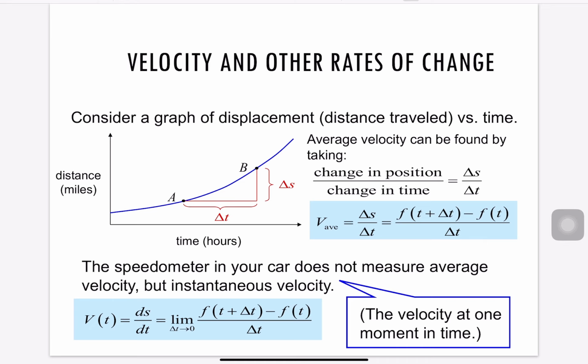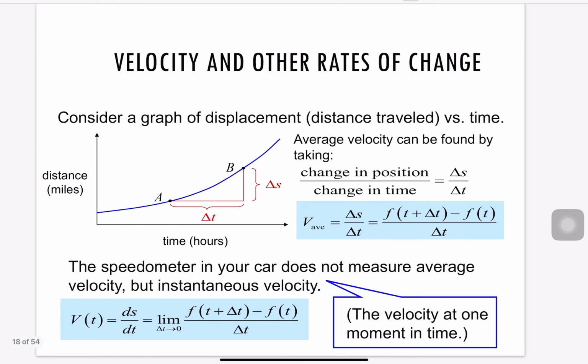Okay, and this example we can show in the velocity, because we know speed is the derivative of the distance per time, and acceleration is the derivative of the velocity, or we can say the second derivative of the distance will be acceleration.